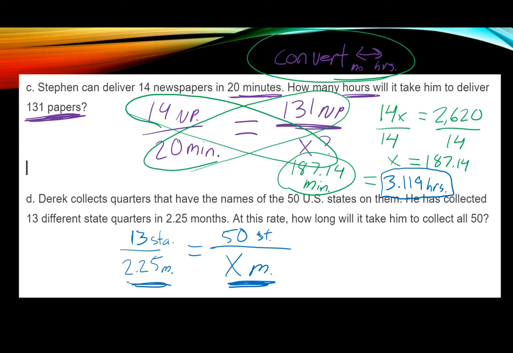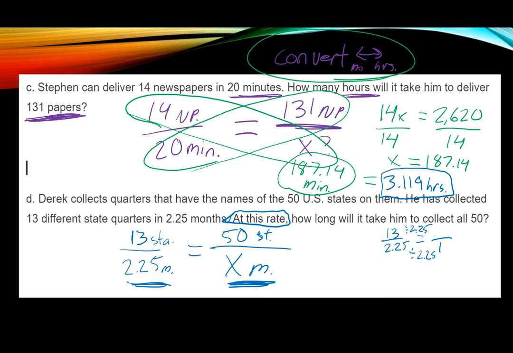And so we could do the cross multiplying, but since it's like at this rate, it only seems fitting to find the unit rate. So we're going to do that nice and small over here. We're going to have 13 over 2.25 is equal to something over 1. So here I had to divide 2.25 by 2.25 to get to 1. So I'm going to do the same thing on top.